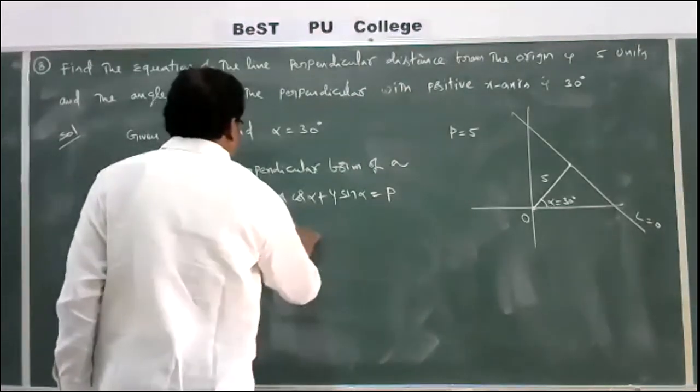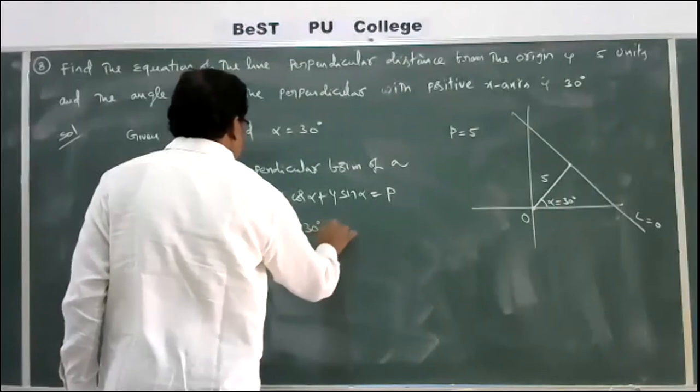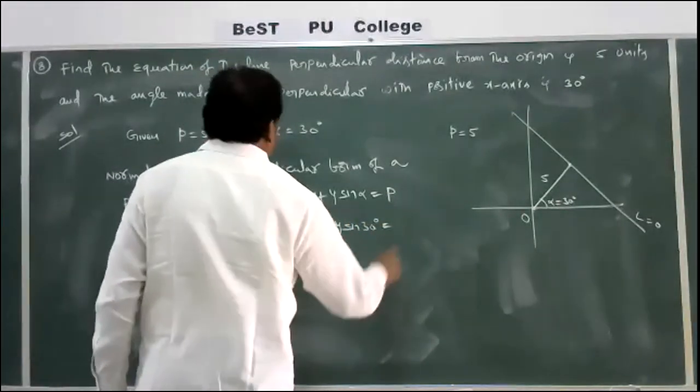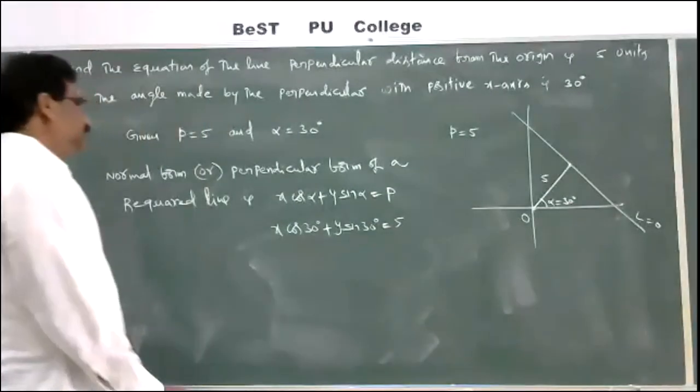That is x into cos 30 degrees plus y into sin 30 degrees is equal to P, which is 5 units.